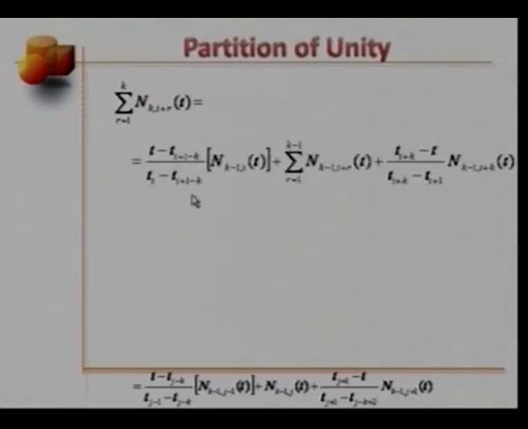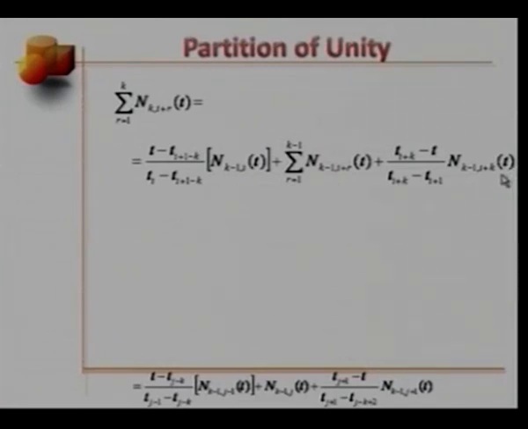I have summation r going from 1 to k of N k I plus r of t, and that would be equal to t minus t i plus 1 minus k over t i minus t i plus 1 minus k times N k minus 1 I of t plus summation r going from 1 to k minus 1 N k minus 1 I plus r of t plus t I plus k minus t over t i plus k minus t i plus 1 times N k minus 1 I plus k of t.